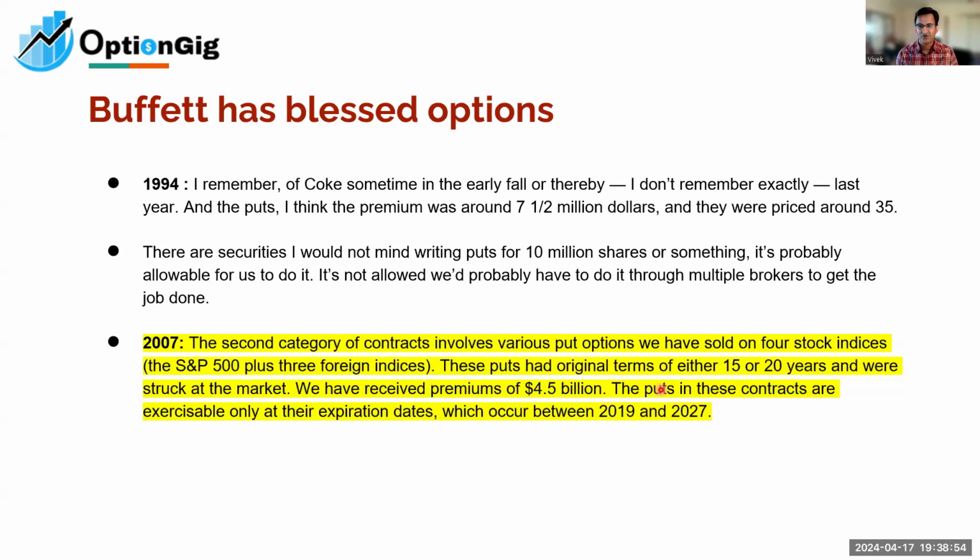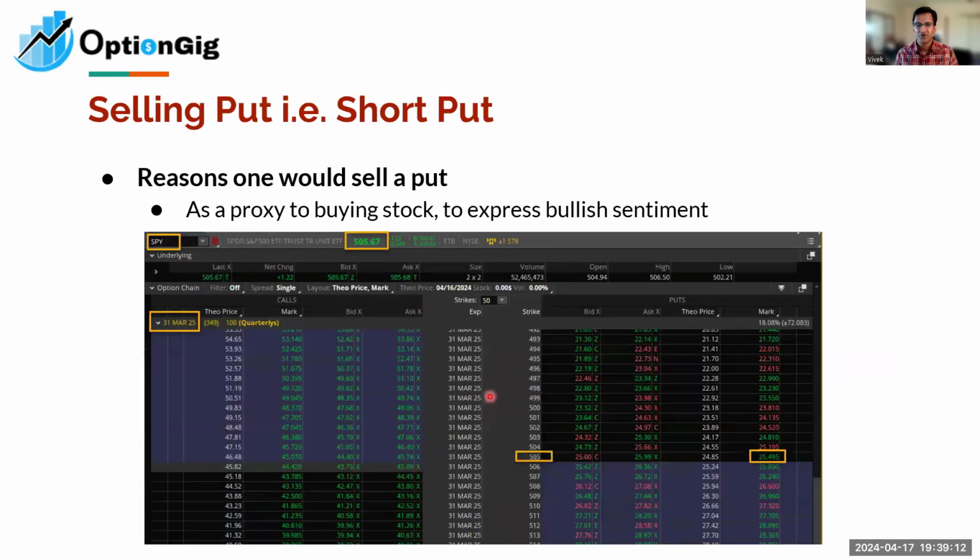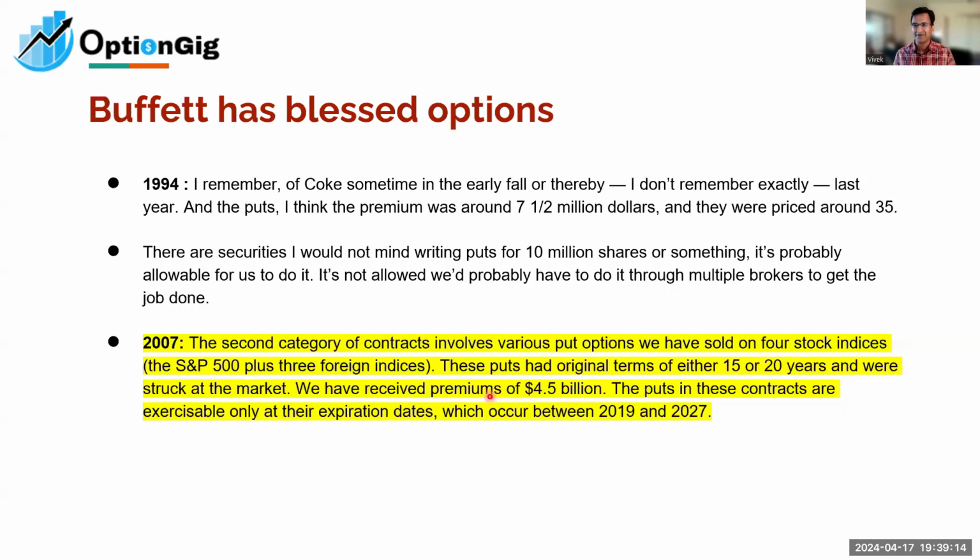He sold put option contracts because remember 2007, the great financial recession. Everything was down. And Warren knew that it's not going to stay that way. So he sold a lot of put option contracts. He received $4.5 billion in premium. I'm just talking about $400 in premium on Google.